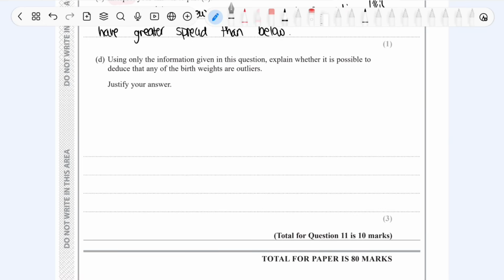Part D. Using only the information given in this question, explain whether it is possible to deduce that any of the birth weights are outliers. Justify your answer. Now, outlier limits are anything plus or minus 3 standard deviations.